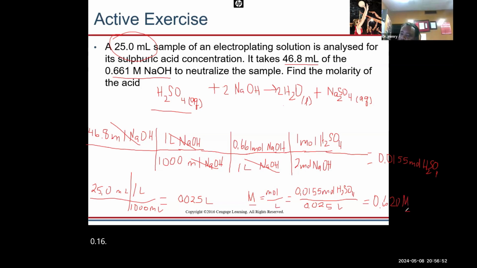Okay, I get 0.619 because we have three sig figs. Oh, I forgot my zero.